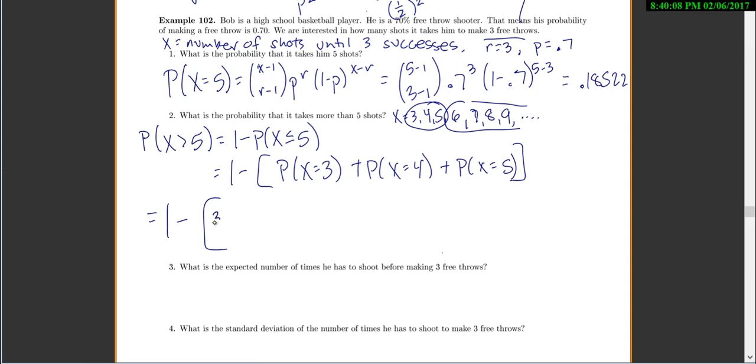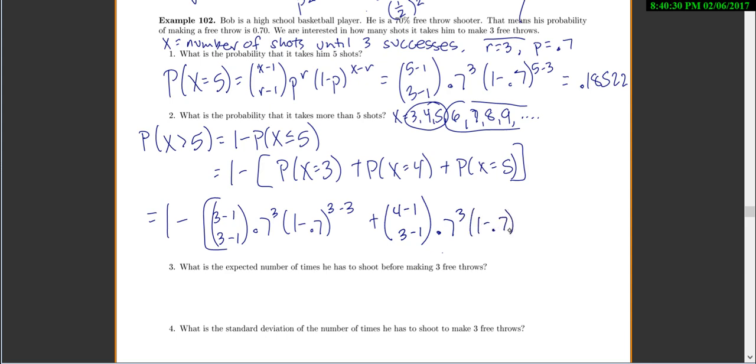So we'll do 3 minus 1 choose r, which is also 3. We'll do 0.7 to the r of 3, and 1 minus 0.7 to the x, which is 3, minus r, which is also 3. Plus, now we'll do x equals 4, so 4 minus 1 choose 3 minus 1, 0.7 to the 3, and 1 minus 0.7 to the 4 minus 3. Plus, for the 5, we already did that, so let's not duplicate our work, so 0.18522. So you put all of this in your calculator and you get 0.16308.